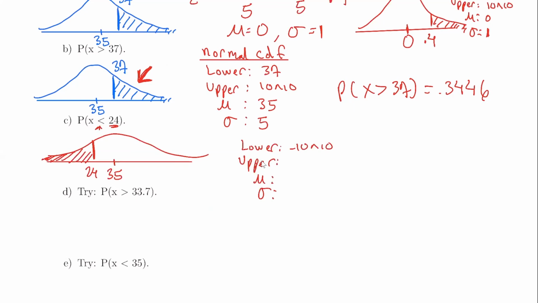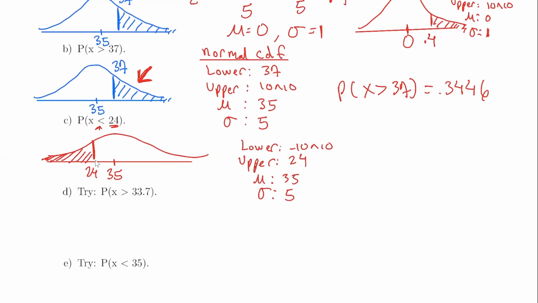If you look at the upper, it gets cut off over here at 24. So you put 24. If you look at mu, mu will be equal to 35. Sigma will equal 5. All right. Everybody good so far on those notations, the lower bound, upper bound, mu, and sigma?